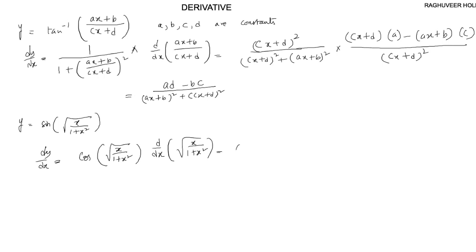Now this is equal to cos of square root of x by 1 plus x square, and multiplied by 1 by 2 root (x by 1 plus x square), right? And d by dx of x by 1 plus x square, right?